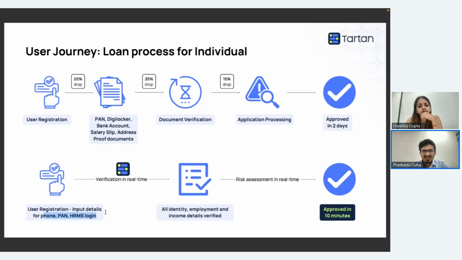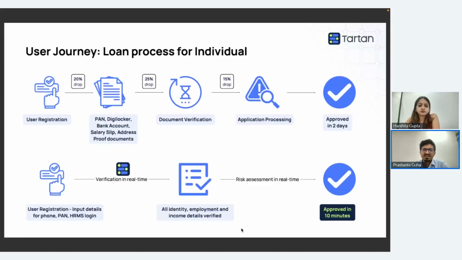At the second stage, instead of uploading all the payslips, they use direct payroll sync, where an employee gives consent to fetch their data from their own HRMS system and gets it directly. So all the data gets into the system instantly and also gets verified instantly.